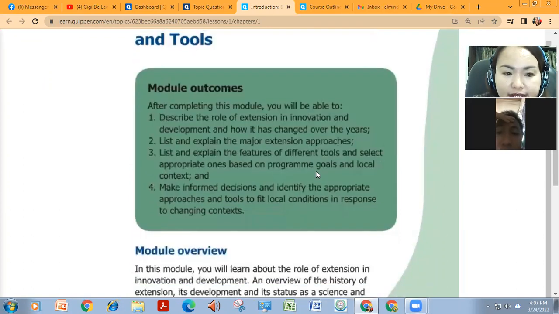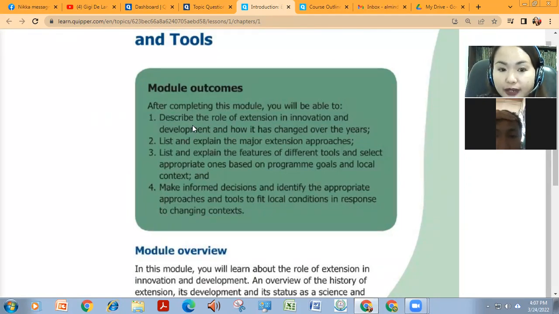So in this subject, these are what we expect you to learn. First is the role of extension in innovation and development and how it has changed over the years. So it is somewhat historical, no?